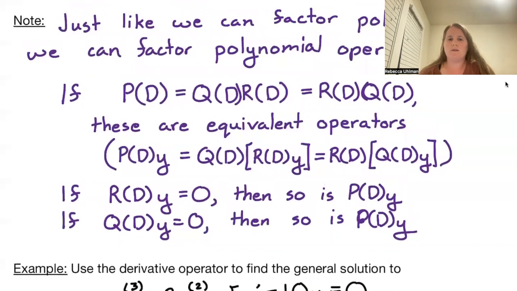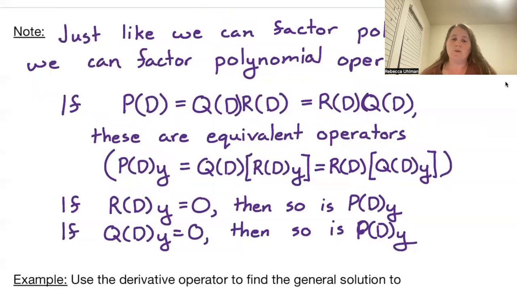You can see this just simply by using those two alternative forms. If R of D y is equal to 0, then we would just have Q of D evaluated at 0, and of course, any derivative of 0 is 0, so this would go to 0.